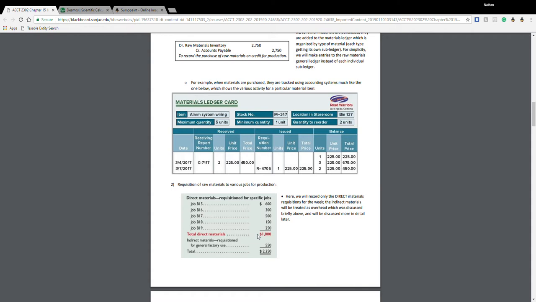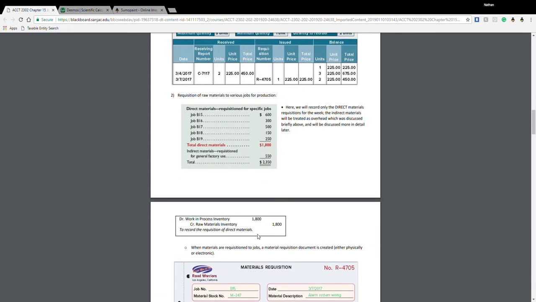So, once we have the direct materials, we then pull this out of our raw materials account and put it into work in process. When we put it into our WIP inventory account, I'm just going to stick with WIP. WIP is easy.